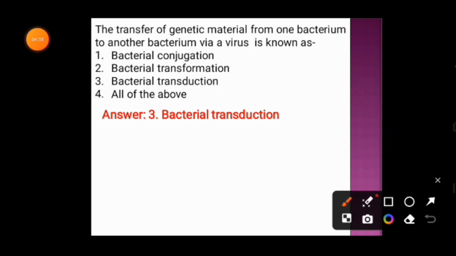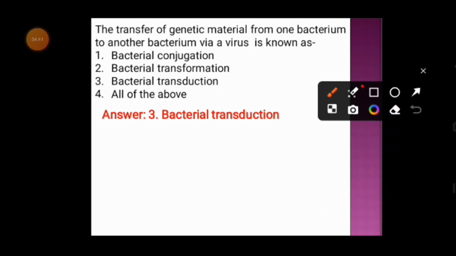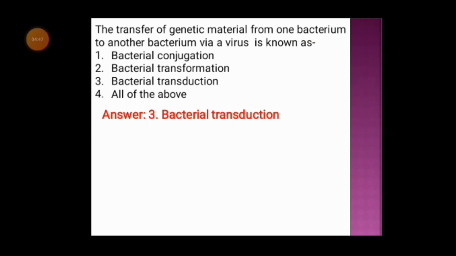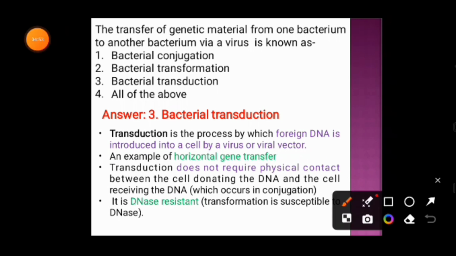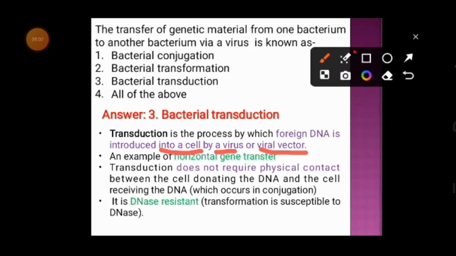So, in bacterial transduction, genetic material is transferred from one bacterium to another via a virus. Transduction is the process by which foreign DNA is introduced into a cell by a virus or a viral vector. So, in transduction, there must be an involvement of a virus or a viral vector.